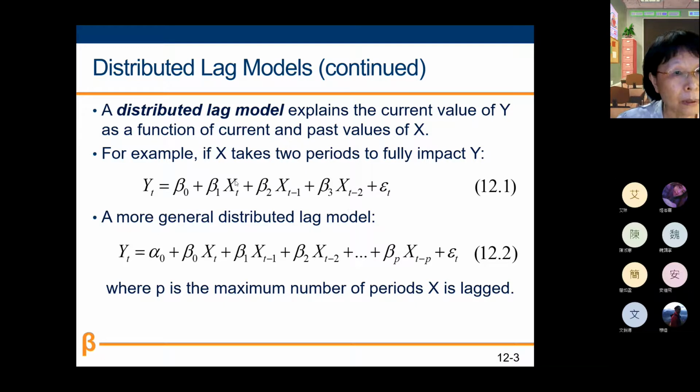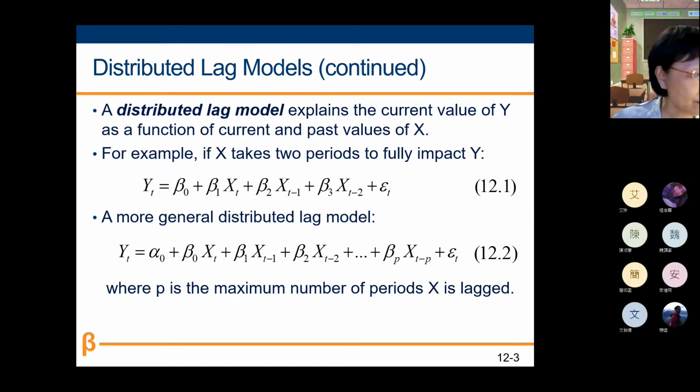In other words, the current money supply will affect the GDP the most, then over time the effect will decrease. Therefore, beta 2 is expected to be smaller than beta 1, and beta 3 is smaller than beta 2.